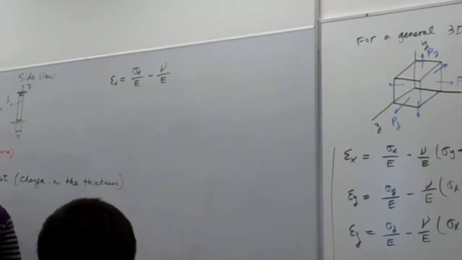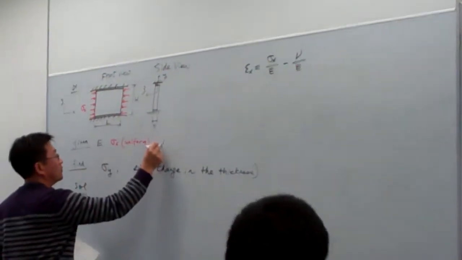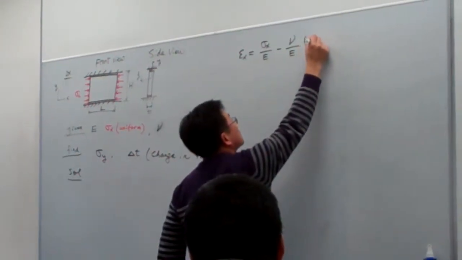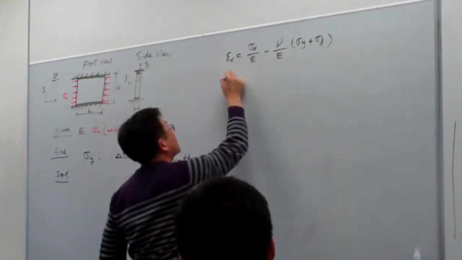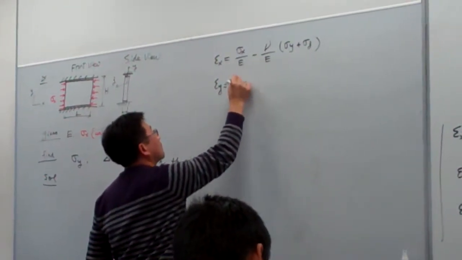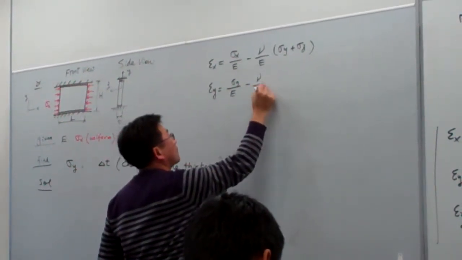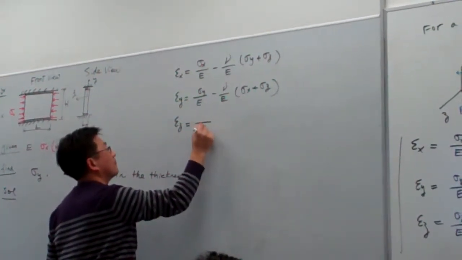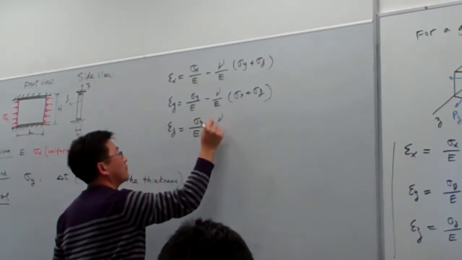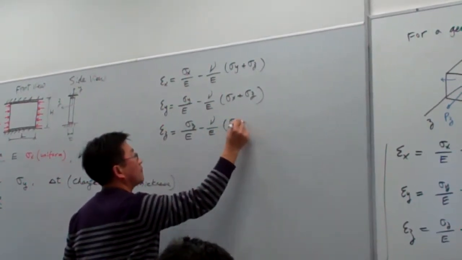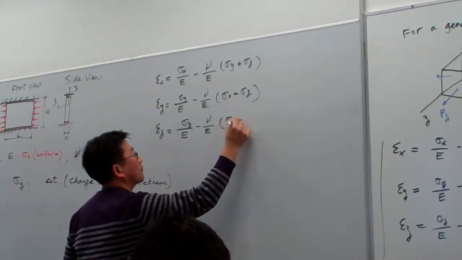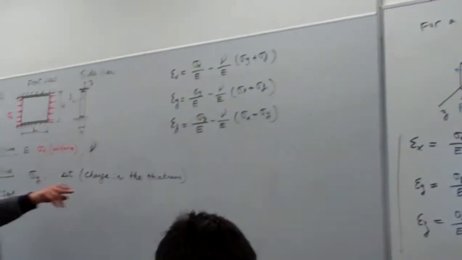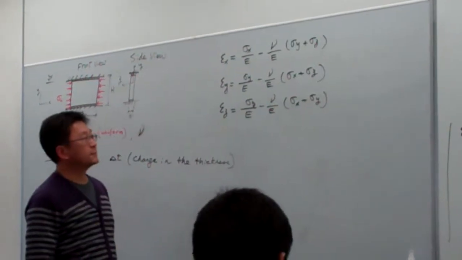And here we are also given the Poisson ratio, mu. This has no thermal loading, so we don't need to write the thermal loading term.